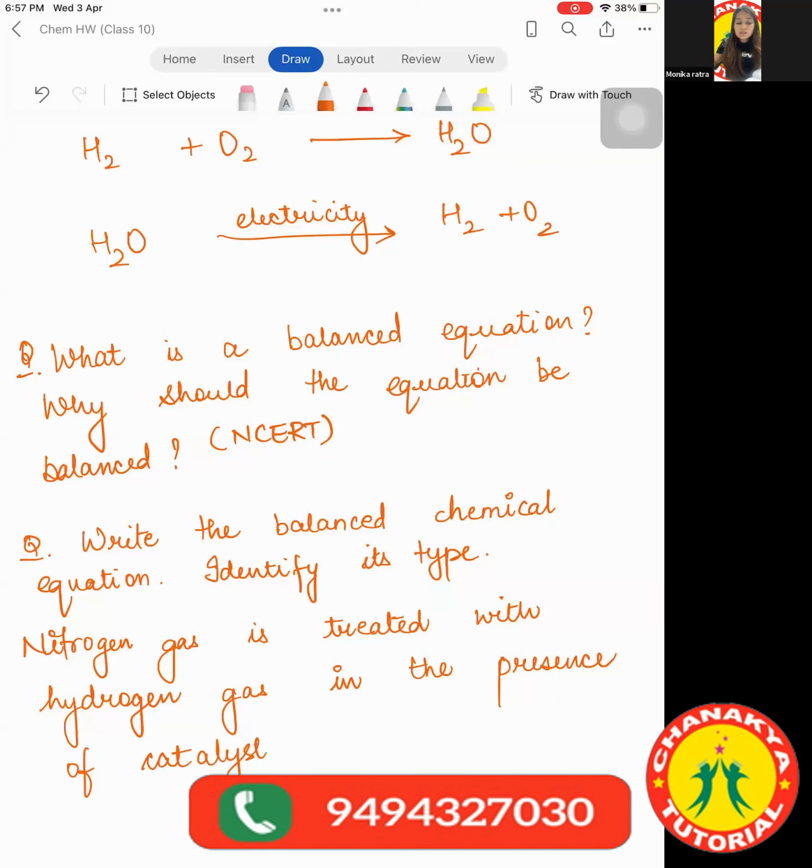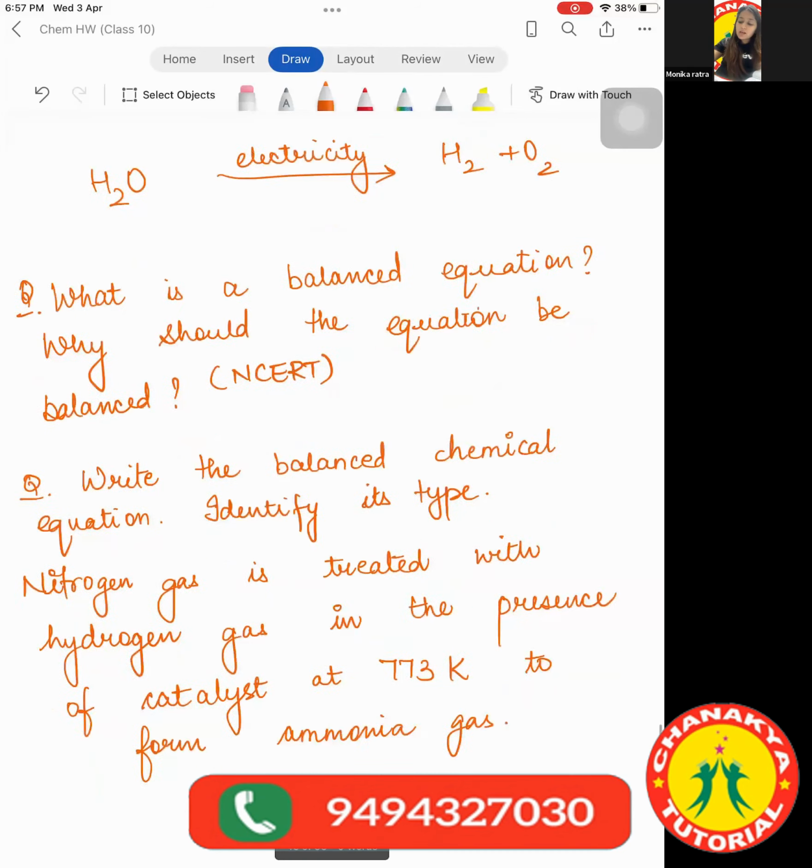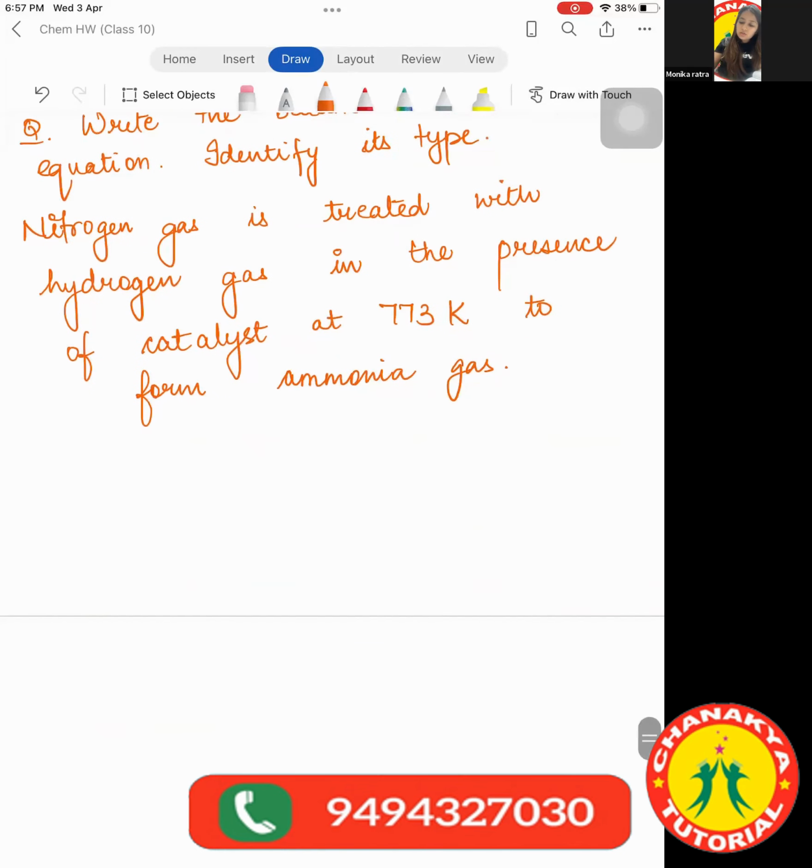Now you are saying that I have never mentioned the word catalyst. So catalyst is a substance that increases the rate of reaction without itself getting consumed.